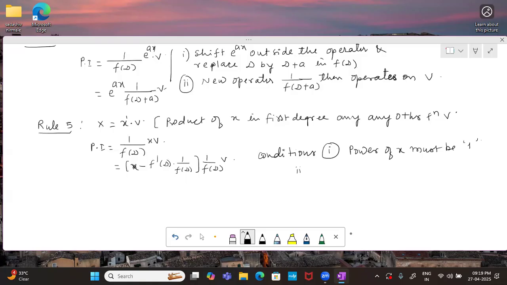And second, the multiple outside the bracket, 1 upon f of D, should not be a failure case. So first we have to check the two conditions, then apply this one. These are the only 5 rules in the shortcut method.